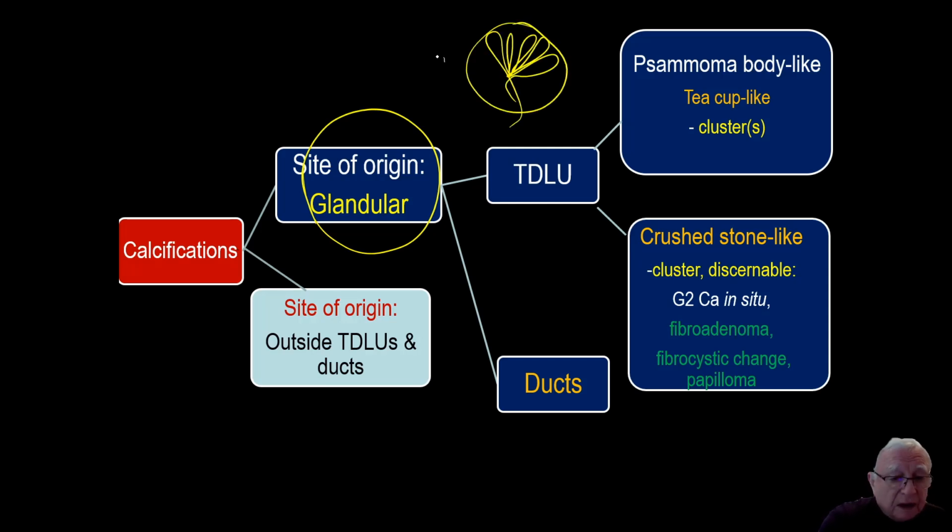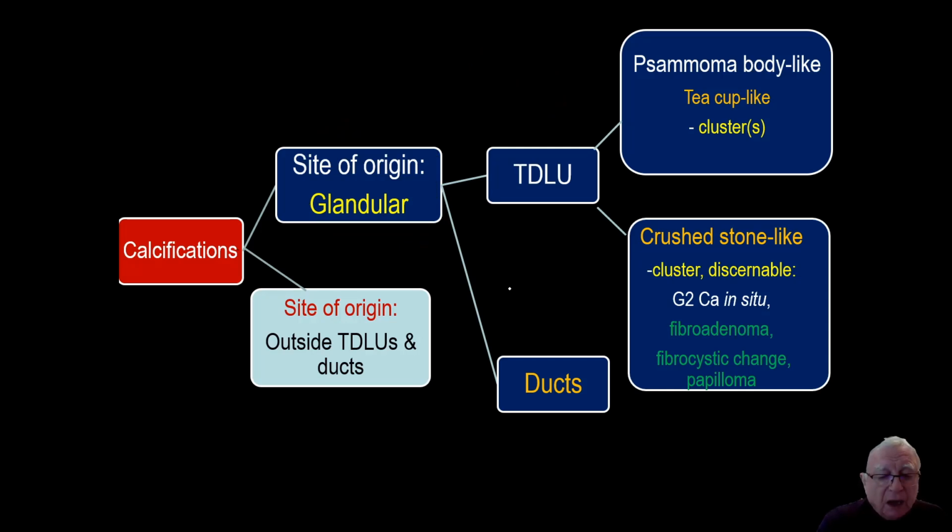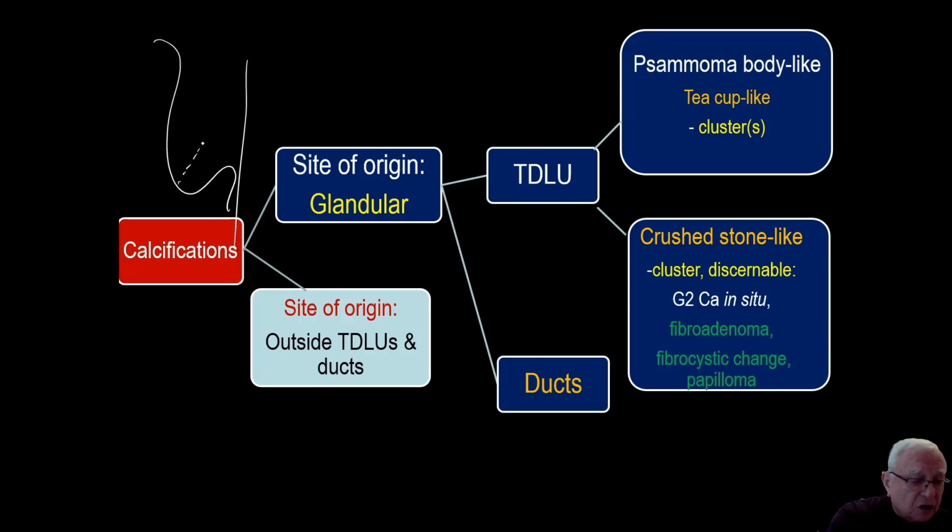So the calcifications are going to be clustered, multiple clustered. Or are they localized within ducts? And if they are localized within the ducts, they are going to be elongated or diffusely scattered pearl-like calcifications or the skipping stone-like calcifications. I'm looking at a mammogram which only contains calcifications.